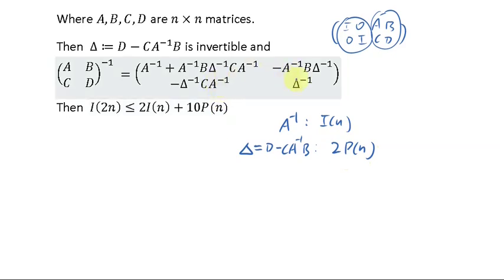And next, we need to find delta inverse. Again, that's I of n operations. The number of operations is I of n, and we need to find the product.